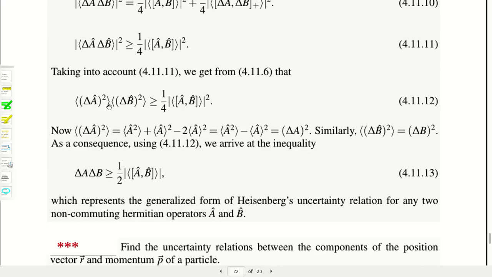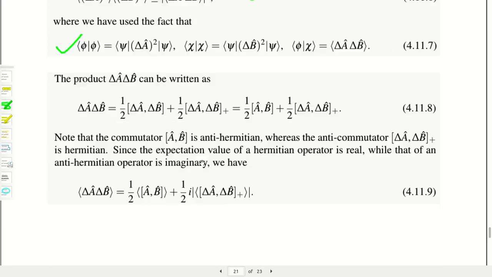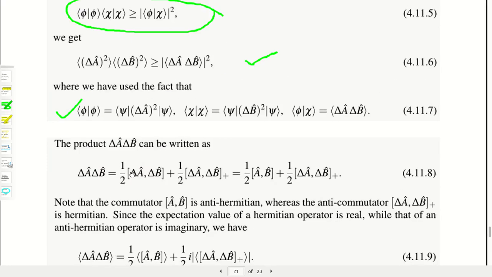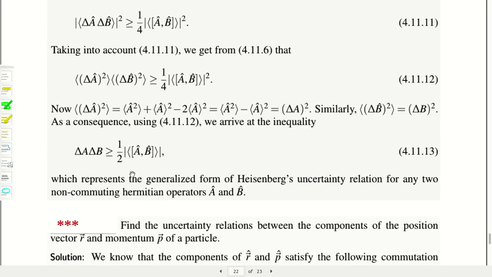Now it can be simplified also. Delta A square expectation, using the delta A formula. Delta A is what? A minus the expectation of A, so it can be expanded into this. Just put the delta A operator into this expectation bracket, and distribute the expectation bracket, you will get this result.